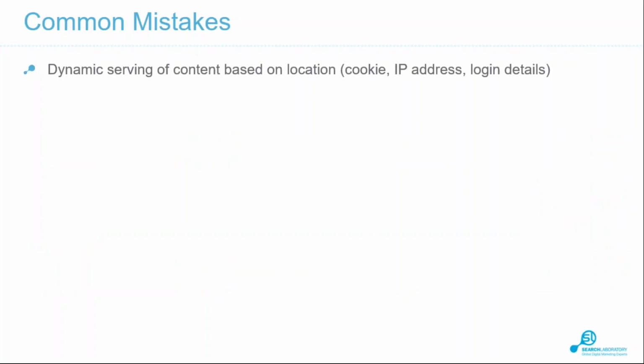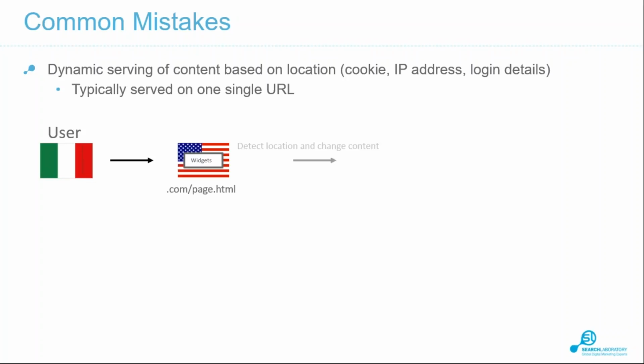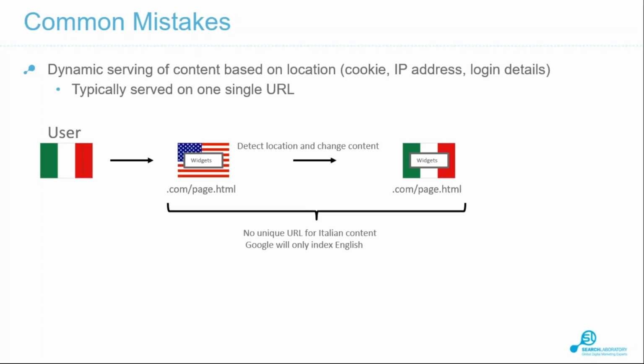Additionally, dynamic serving of content based on location, so cookie, IP address or login details. This is typically served on one single URL. To give you another visual example, if we had our Italian user attempting to access our American content, the server would detect the location of that Italian user and change the content so it displayed in Italian. Now you'll notice here that the URL has not actually changed.